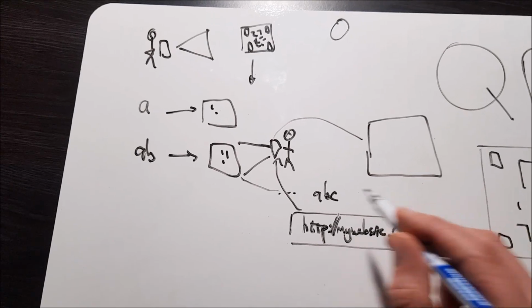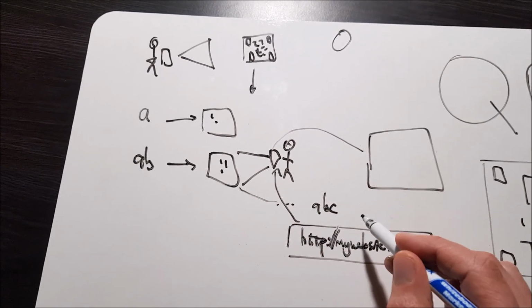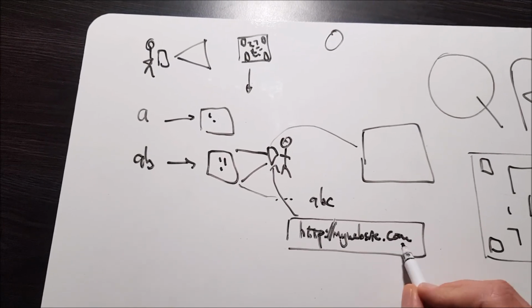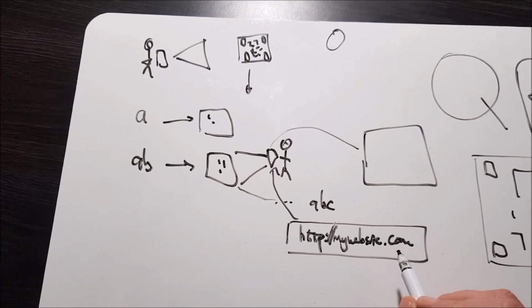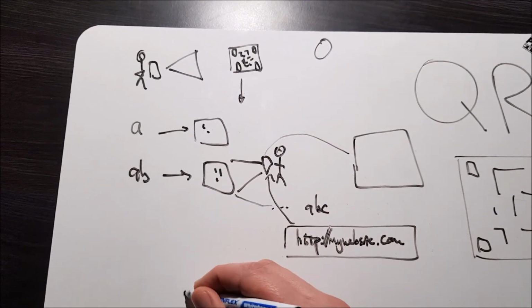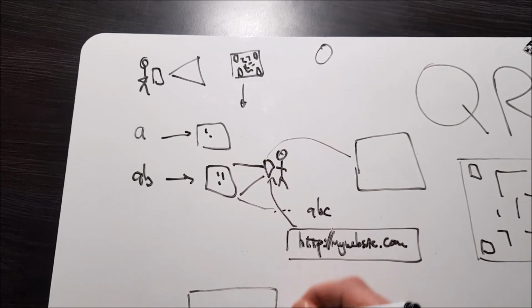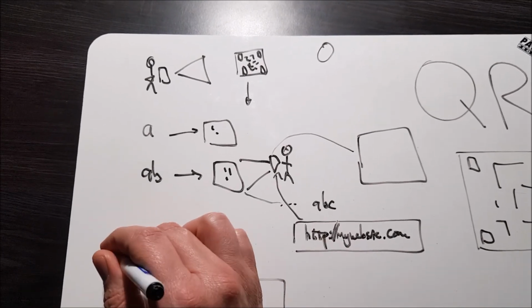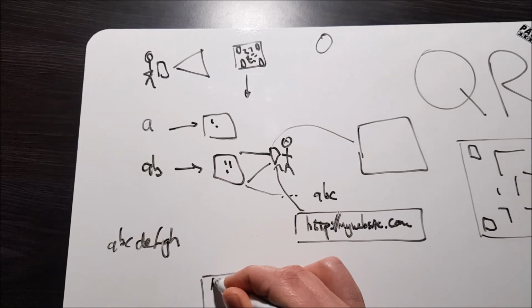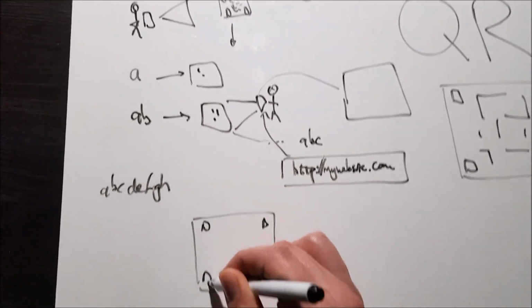Now, because a QR code just contains a lot of characters, it means that it can do much more than a website, but we'll get back to this later. The important thing to know about QR codes is that the longer this string of characters is, the more dots you will need on your QR code.